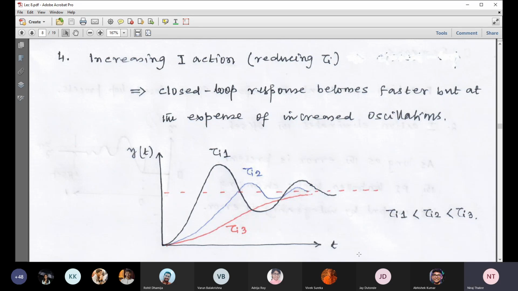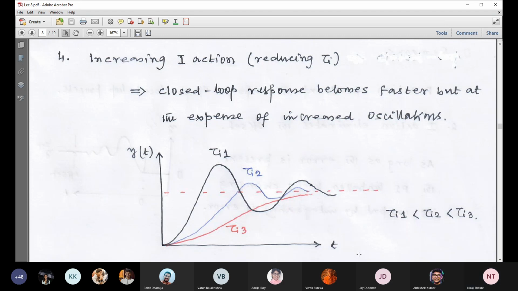So can you recall the similar plot I have shown with respect to Kc? What is the difference between this plot and that plot? I repeat my question. This plot is shown for the change of tau I. If we reduce the tau I, we get a faster response, but at the expense of increased oscillation. Similar plot I have shown for varying Kc value. What is the difference between this plot and that plot?